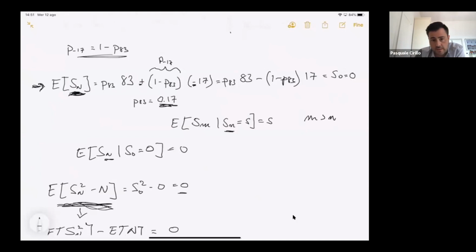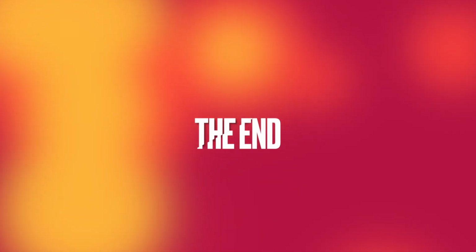This is extremely useful because at any time point, even very far away in the future, if I condition this expectation with respect to the initial state, then it is equal to the initial state that I have observed. And for me, the initial state is 0, because I've rescaled everything in order to be 0.